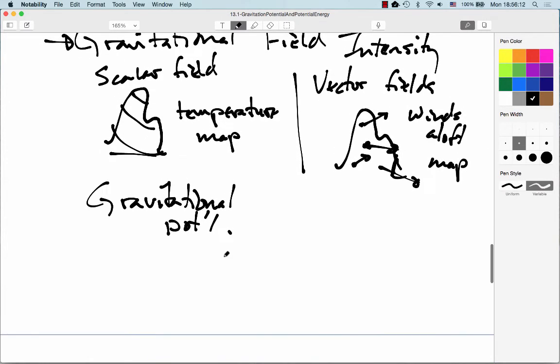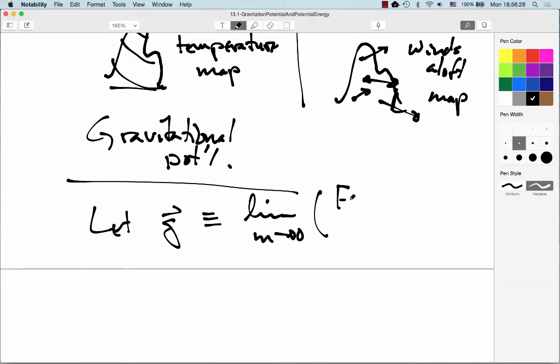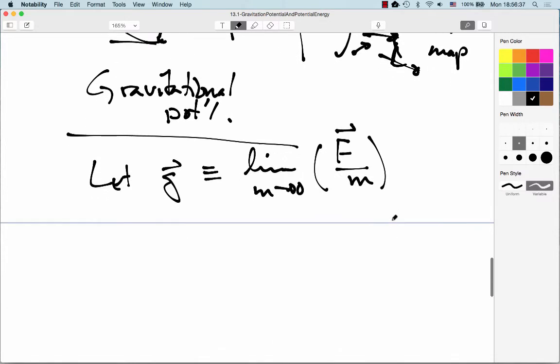So now let's go ahead and find our gravitational field intensity. So we'll let g be defined to be the limit as our test mass goes to 0 of the gravitational force exerted on our test mass with the test mass itself divided out.